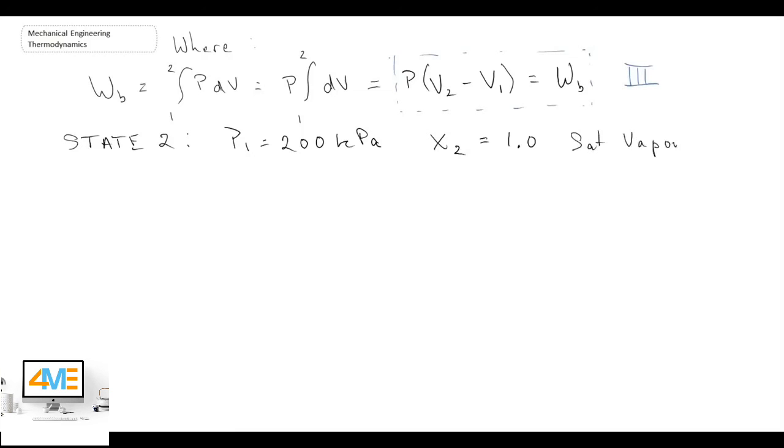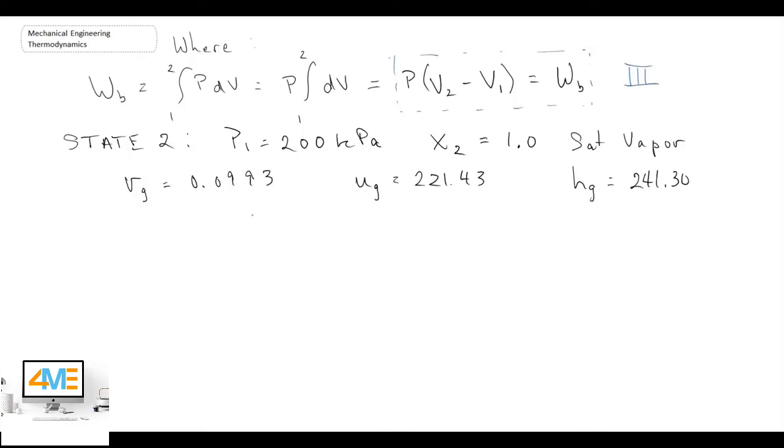Consequently, the quality there is 1.0. So going back to the data that we collected for our tables earlier when we were looking at the two-phase region, we can write out the specific volume, the internal energy, and the enthalpy. And those are the property values for state 2.